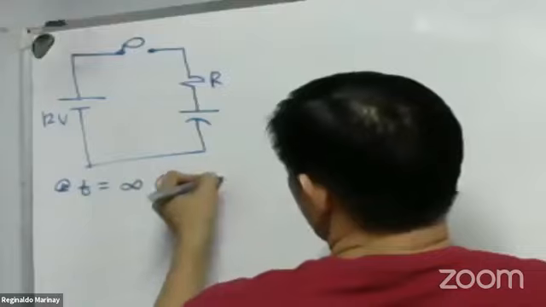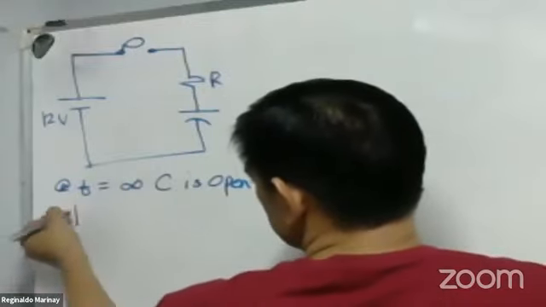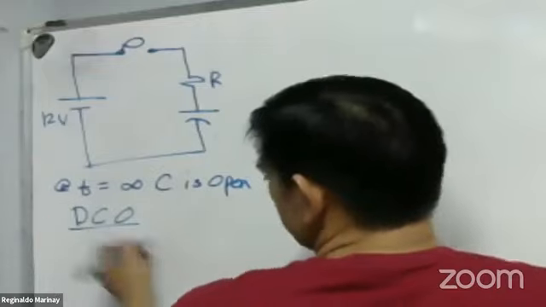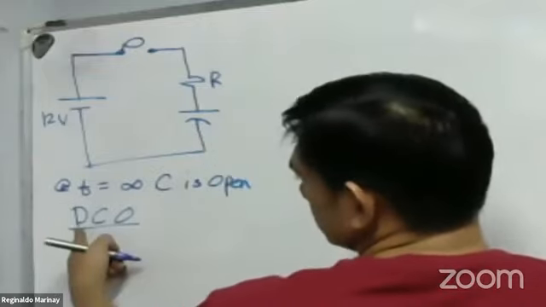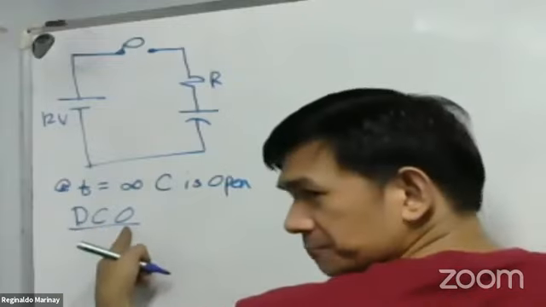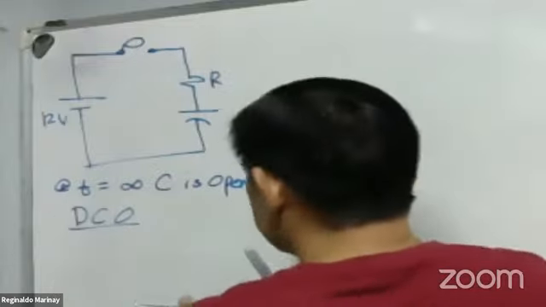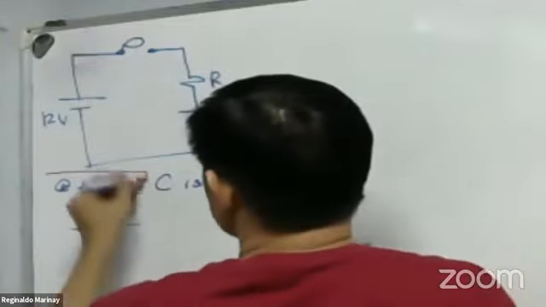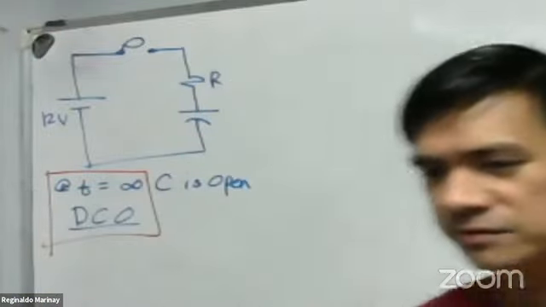C is open. The one thing I always remember is DC: in DC, capacitor is open. I already have in mind that that is time equal to infinity. That's the only thing I remember.